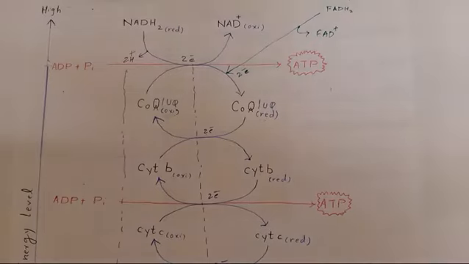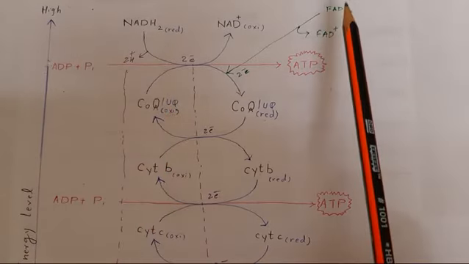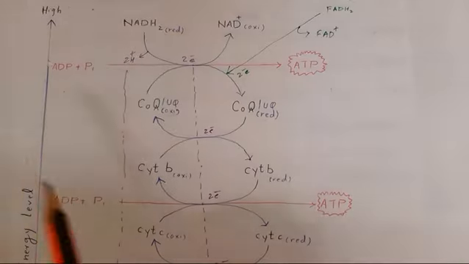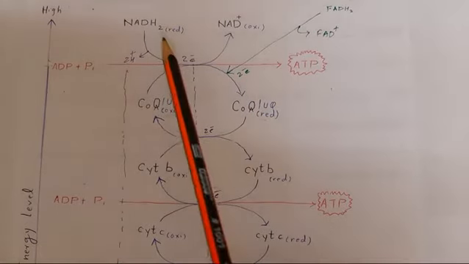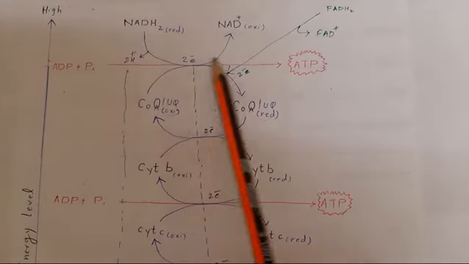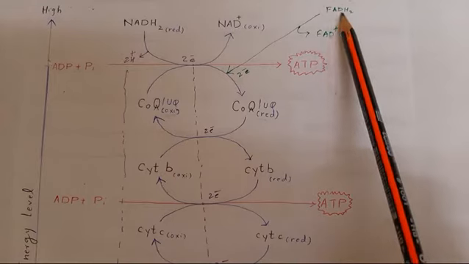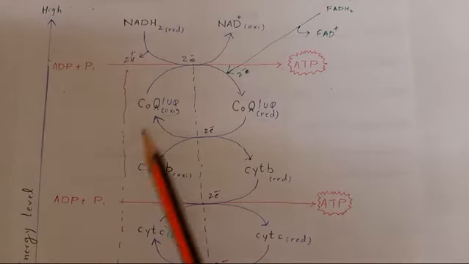So in the process of electron transport chain, this is the reduced NADH2 molecule, this is the reduced FADH2 molecule. These reduced coenzymes NADH2 and FADH2 are oxidized, that is, their hydrogens are removed from them. So now NADH2 is oxidized into NAD and FADH2 is oxidized into FAD plus, right?